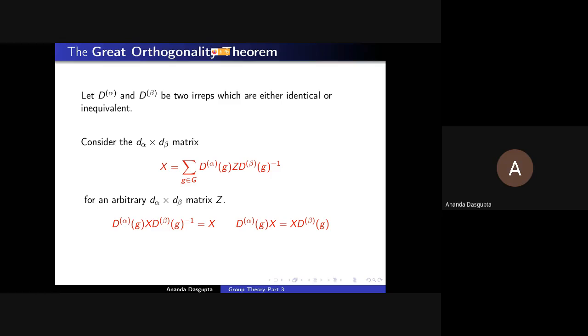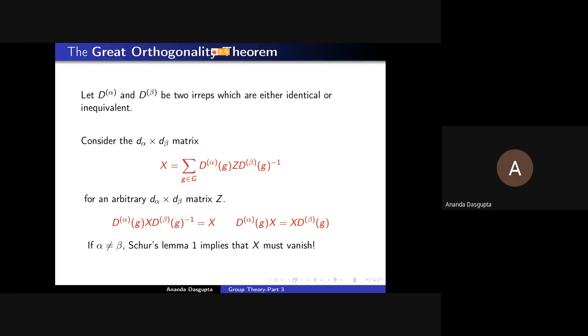But since we have made up the law at the very beginning that we will not count equivalent representations, then x inverse cannot exist. So either x is 0, or what is the other possibility? If alpha and beta are different, we are talking of inequivalent representations, then x cannot be invertible, x must be 0. Okay?